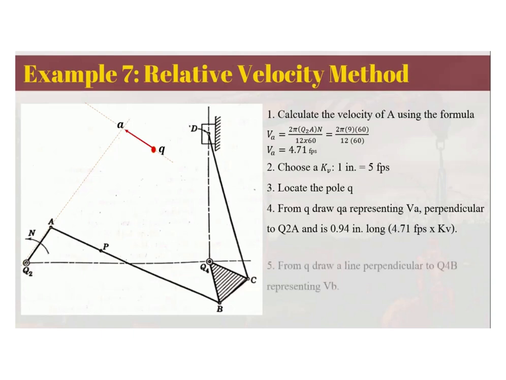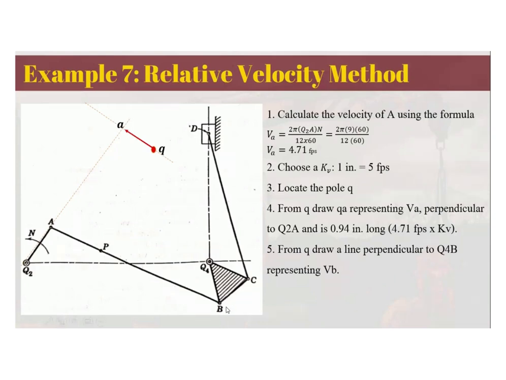The next step is to draw from Q a line perpendicular to Q4B, representing VB. The next velocity that we are looking for is the velocity of B. Since A is connected to B, it is handy to solve for B first.